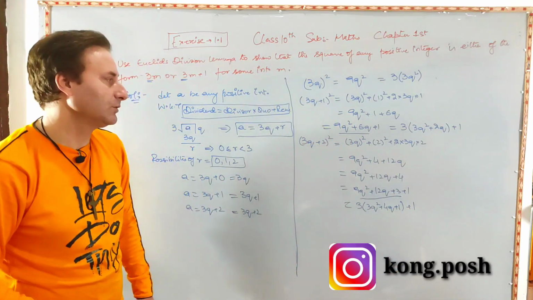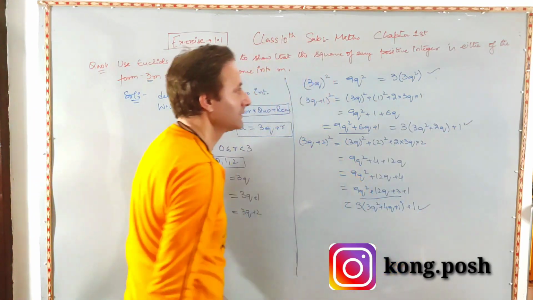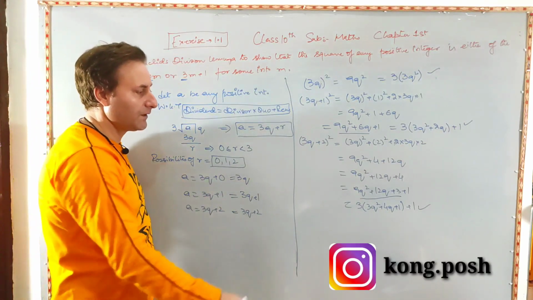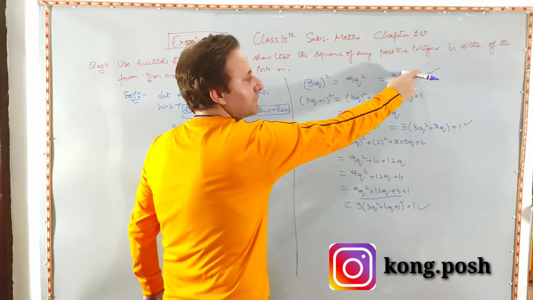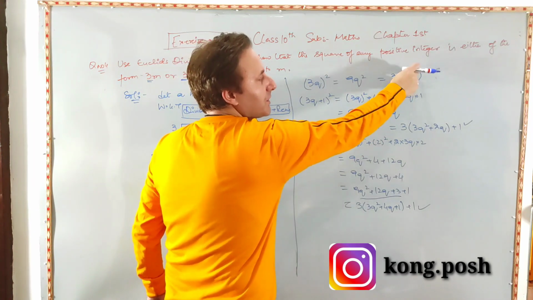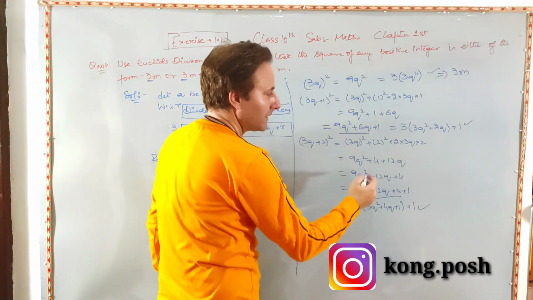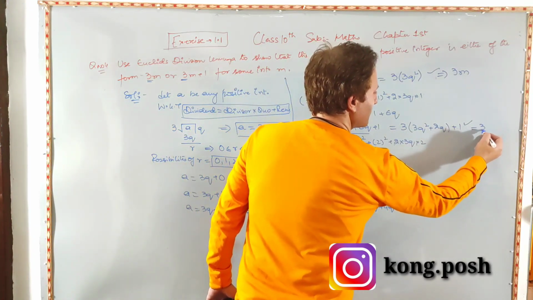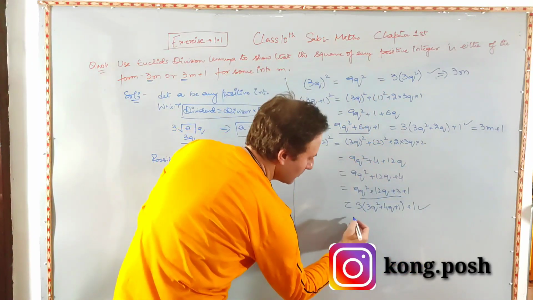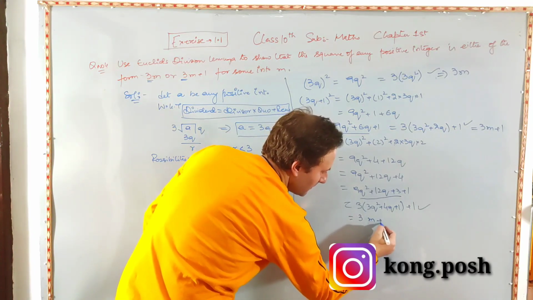Right? So now I have this thing, I have this thing, and then I have this thing. Now it says for some integer m. The value of q can be anything, so it is an integer. The whole thing becomes an integer, so I can write this as 3m. Here also I can say 3 times this thing, which is an integer, m, plus 1, and here also 3 times this thing, an integer, m, plus 1.